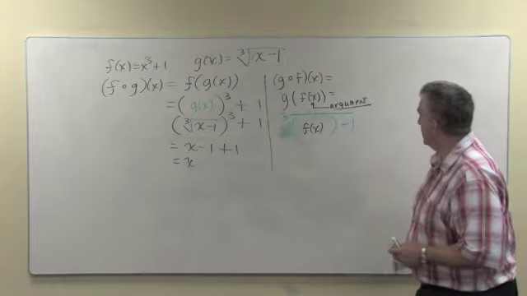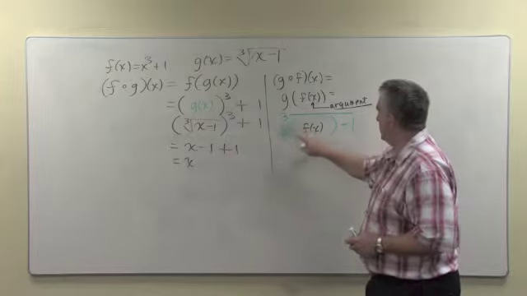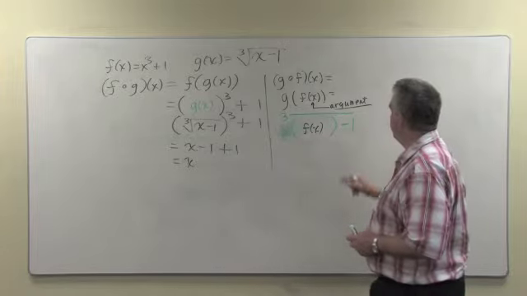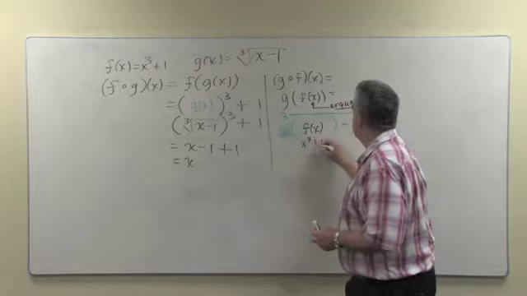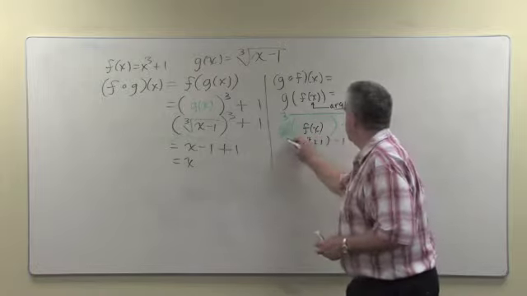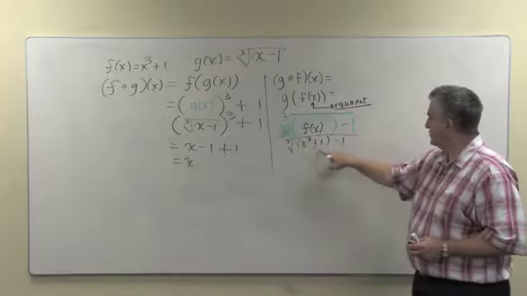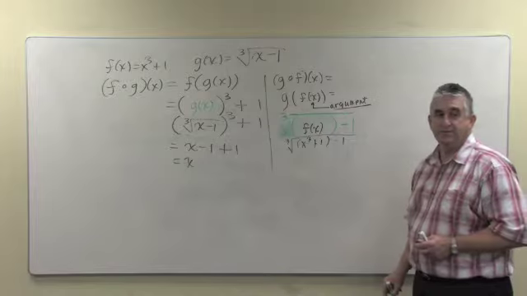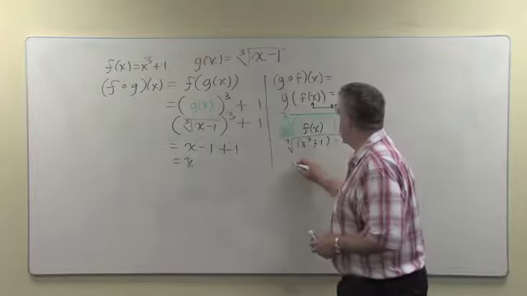But right now, the argument is going to be f of x. And the g function takes the cube root of the argument minus 1. Now the argument is x cubed plus 1. If we evaluate x cubed plus 1 minus 1, we get the cube root of x cubed. And the cube root of x cubed, of course, is just x.